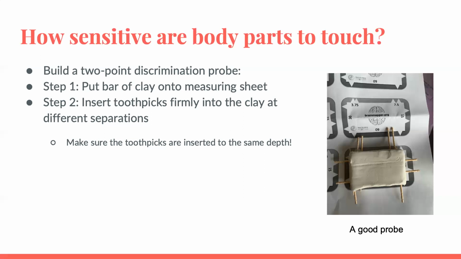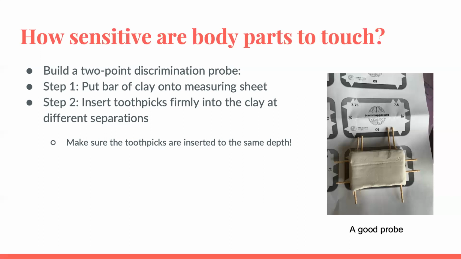To do that, we'll build something that we call a 2-point discrimination probe. What this basically is, you take 2 toothpicks and then you stab them into the clay at some distance that creates 2 points, right? So you can see right here, there are 2 points.